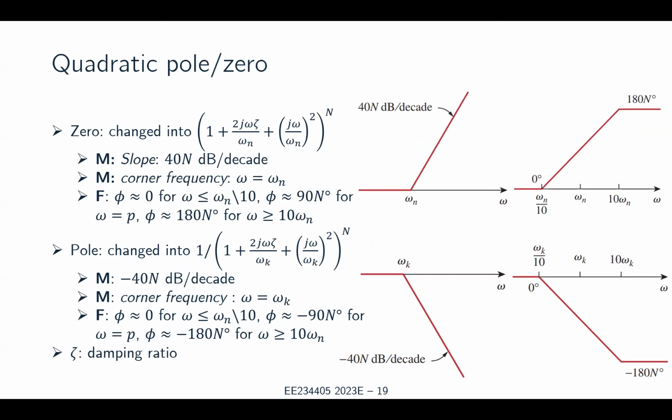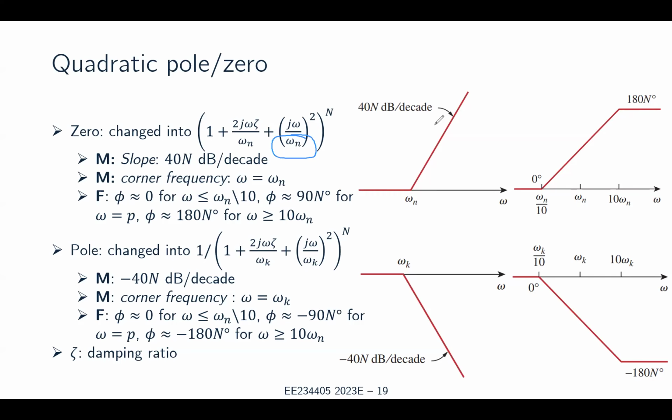And for the phase, it's either 0 or 180n or 90n, depending on the value of the frequency omega n, which could be determined by the transfer function or by this arrangement of the variables, right, with omega and so on.